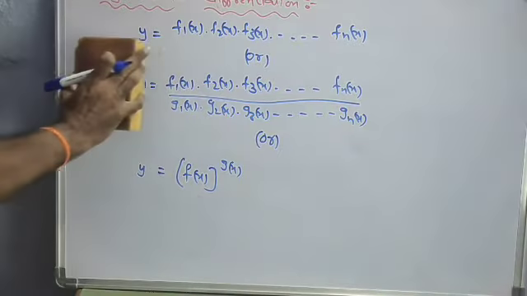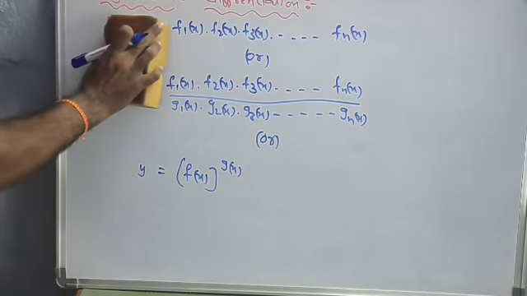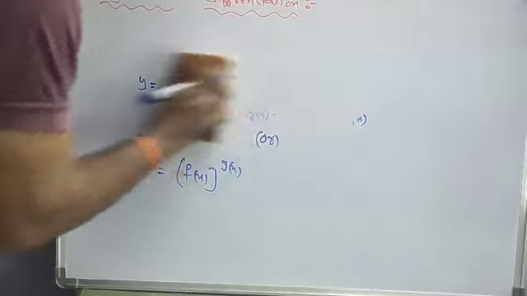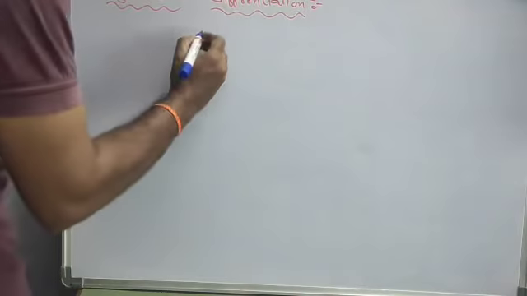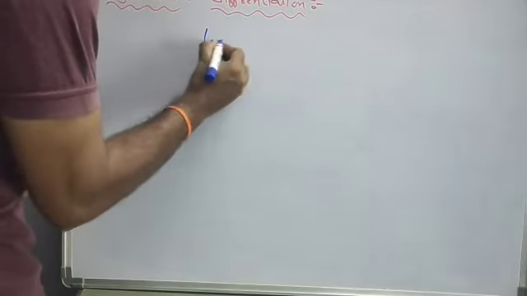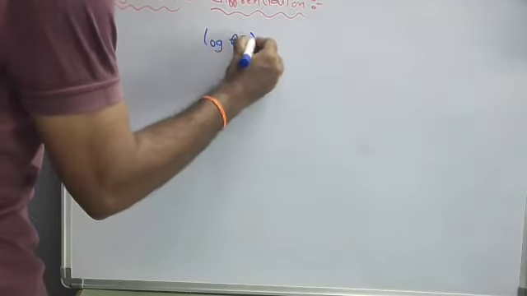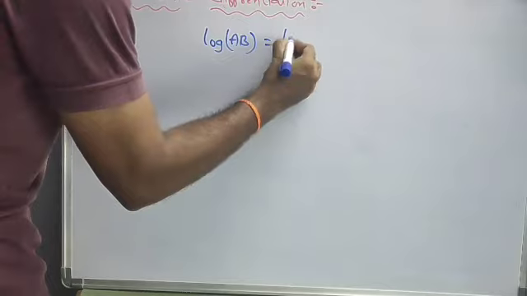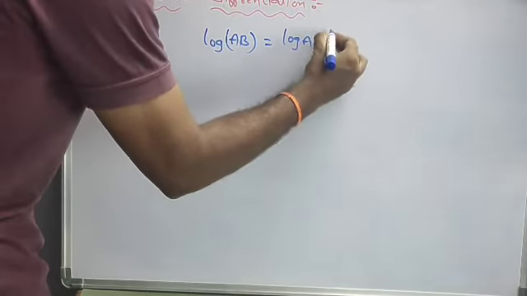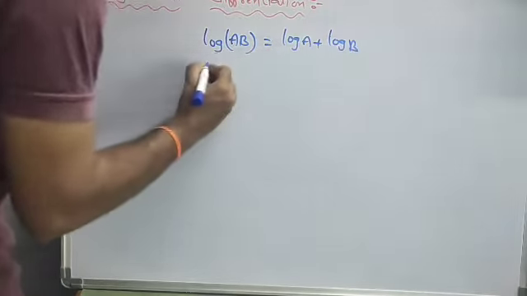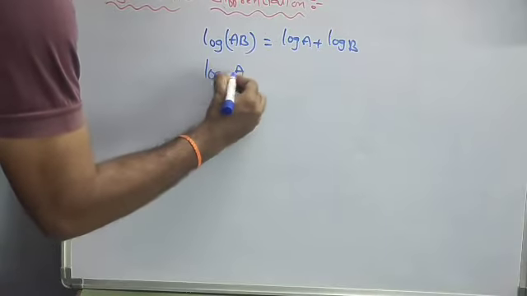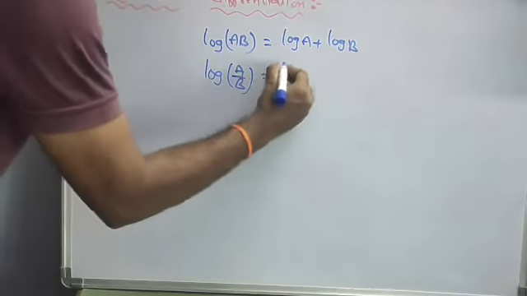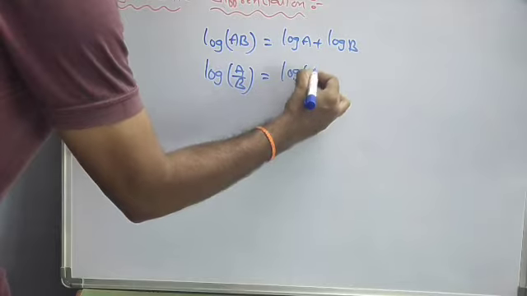In this, first we have to know some logarithmic formulas. Already we know that, just we have to revise that. Suppose log of ab, two functions are there, log a plus log b. Log of a by b, log a minus log b.